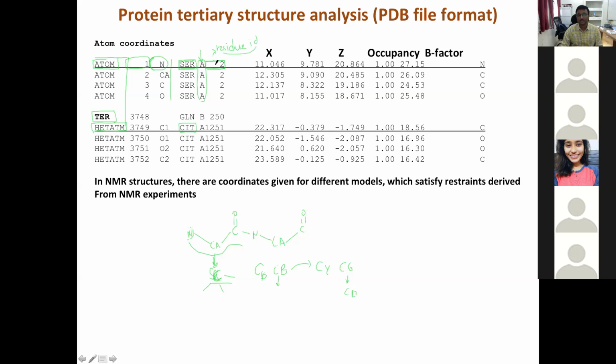Even though this says residue 2, it may not correspond to residue 2 in the protein sequence. Anytime you're dealing with a protein structure, you should not look at the residue ID and directly assume it is residue 2 in the protein sequence. It may be completely incorrect. When you solve the protein structure, we go through a stage of refinement using a program called O in crystallography.